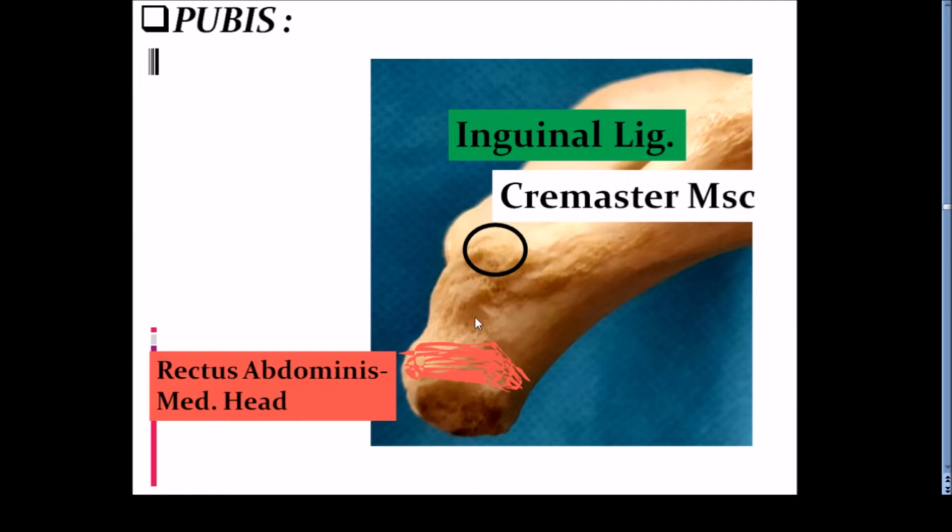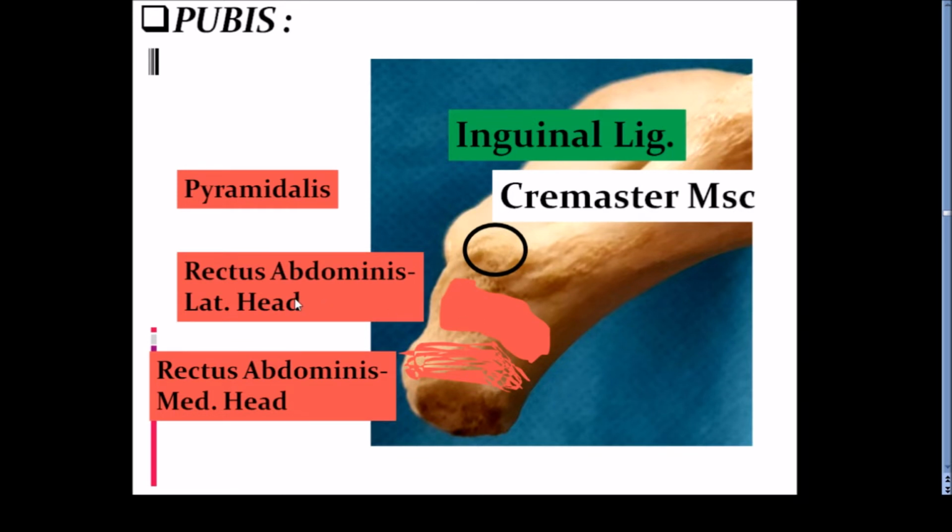The lateral half gives attachment to the lateral head of the rectus abdominis muscle along with the pyramidalis muscle.